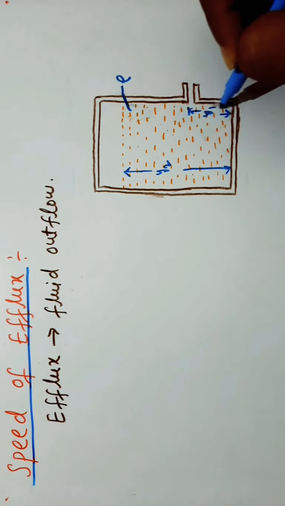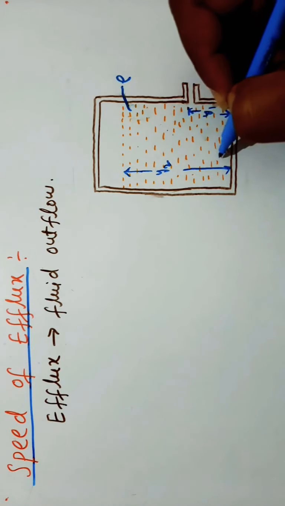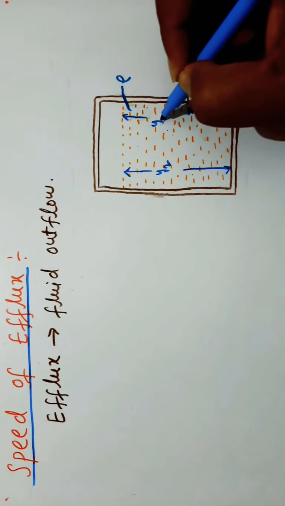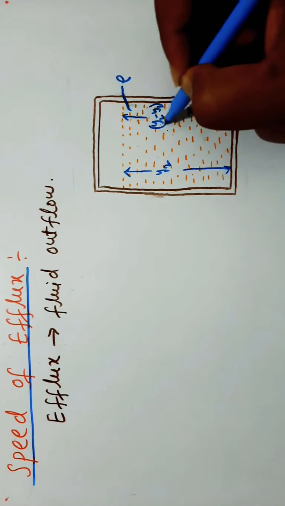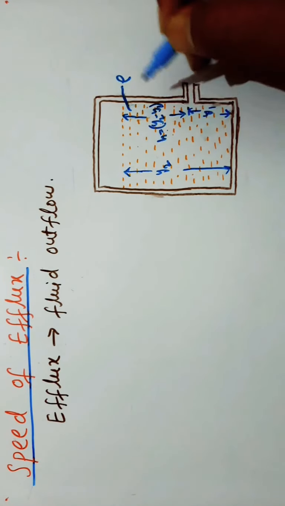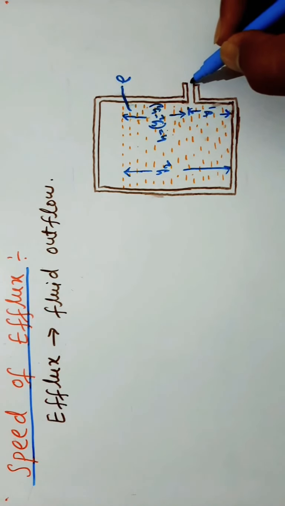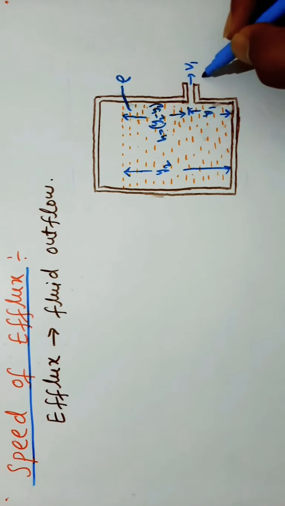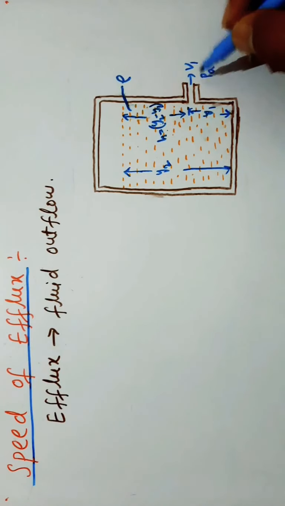So here it is y1 height, this is y2 height. So this is y2 minus y1. So that is h equal to y2 minus y1. Here at this point the velocity of liquid is v1, and the pressure is atmospheric pressure.